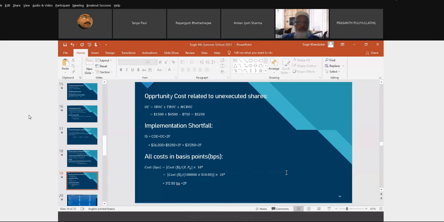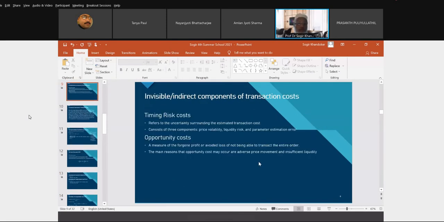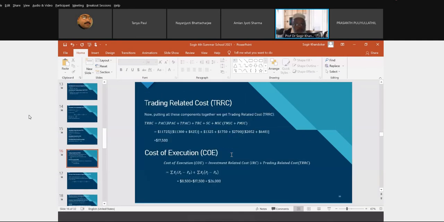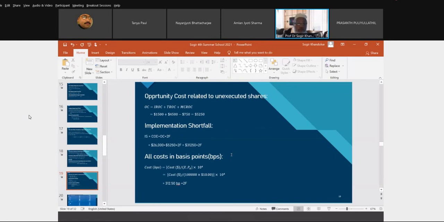Now combining all these components, our result is $31,250, which is equal to our earlier calculation. That is, initially we calculated the implementation shortfall, which is equal to $31,250, and from the individual calculation and summation of these components, our result is also $31,250.